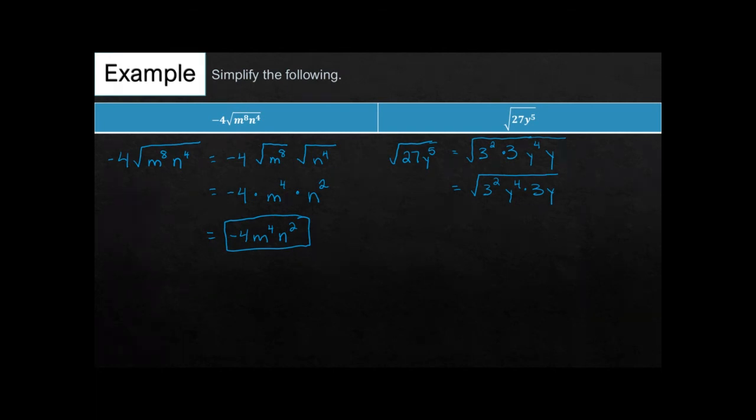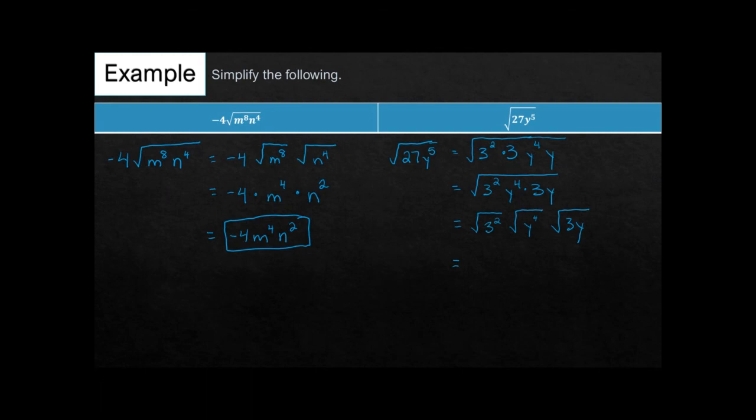So now I'm going to separate my square roots. So I have the square root of 3 squared. Then I have a square root of y to the 4th. And then the 3y is going to be under a single square root because that's not going to be able to simplify. So I'm going to just stick those together. And now I'm going to simplify each of these square roots by dividing the exponent by 2.